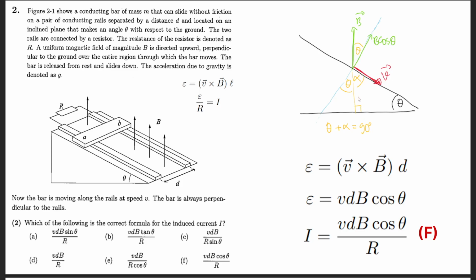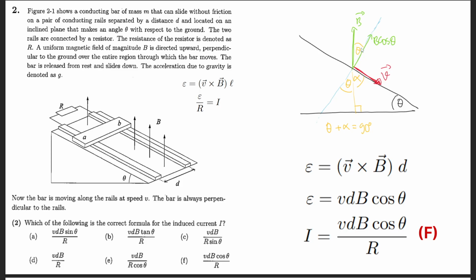So alpha plus theta plus something is 90 degrees, and we know that this angle is also 90 degrees, and alpha plus something is 90 degrees. So we know that that angle is theta, and the angle here is just the reflection of this angle here. So this angle here and this angle here are the same.